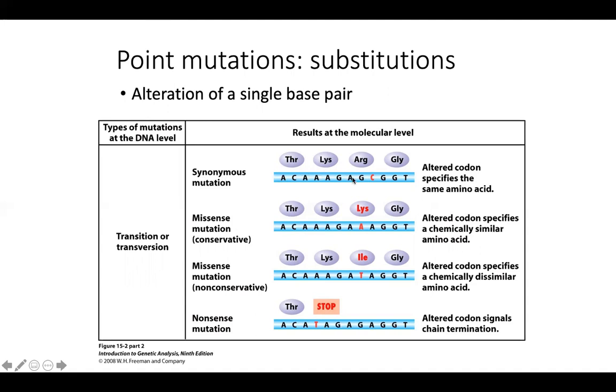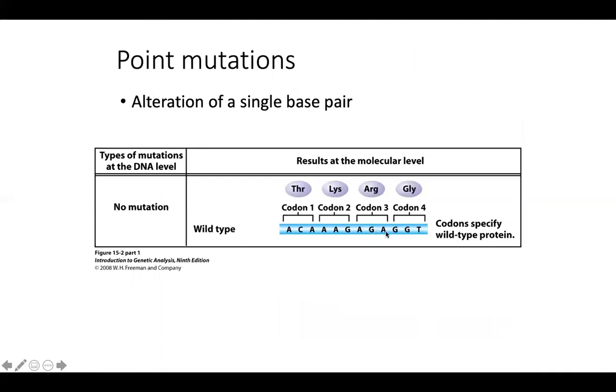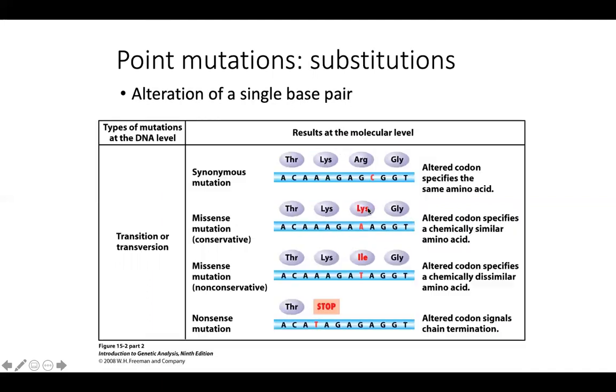In our original sequence, we had AGA coding for arginine. In this sequence, it's now AGC, but it's at the third position, and there's redundancy here. So we still have an arginine being encoded by AGC.